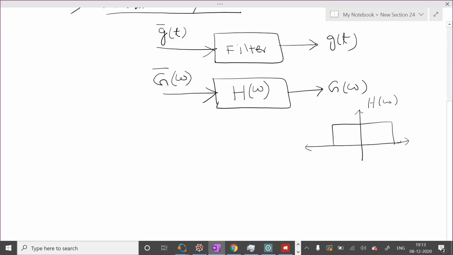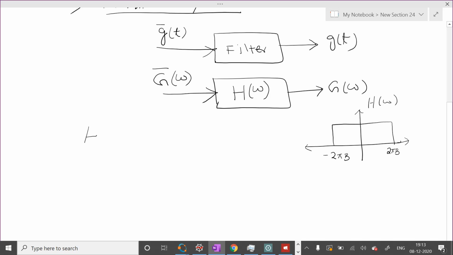Now what will be this transfer function? Definitely it will be a rectangular function. Okay, it will be a rectangular function, so it has to be here 2 pi b and minus 2 pi b.